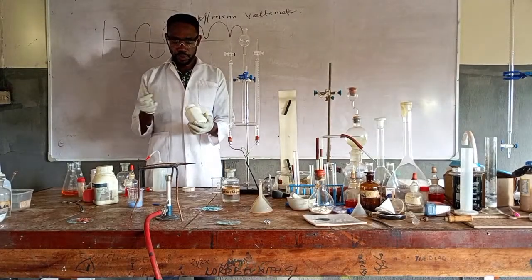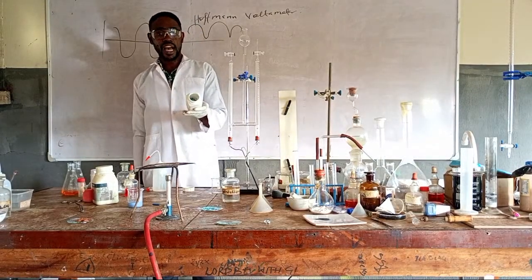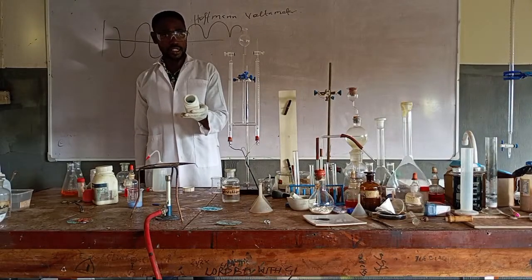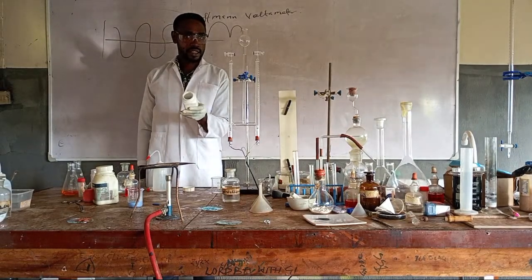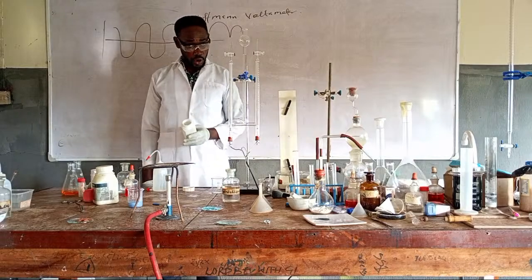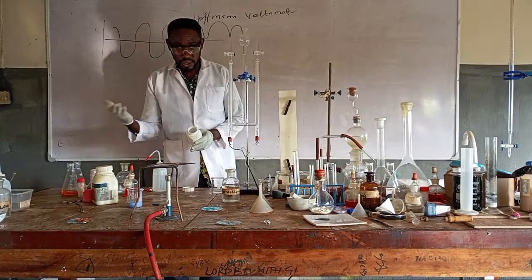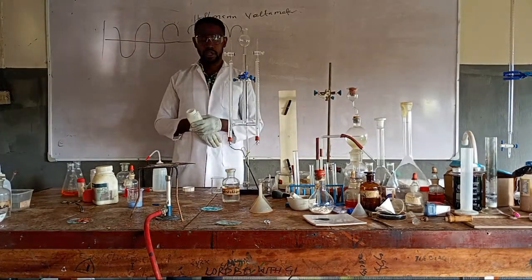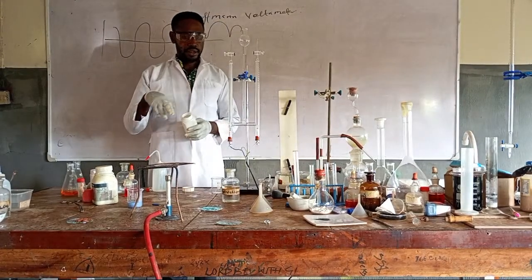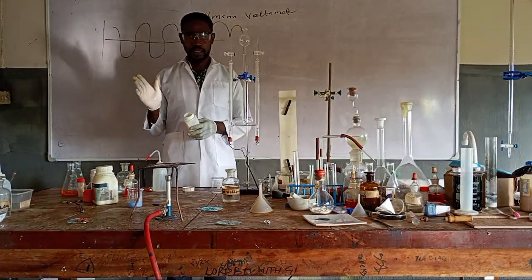Inside it, I purposely placed this anhydrous. Anhydrous is blue, but hydrated is pink. Cobalt 2 chloride is what we are using now. Come on. Don't be here just bodily present, absent-minded.